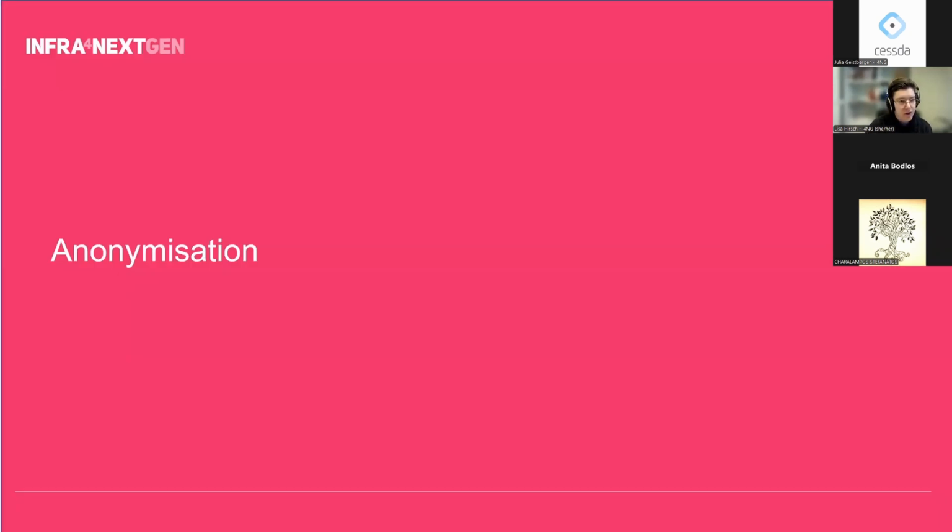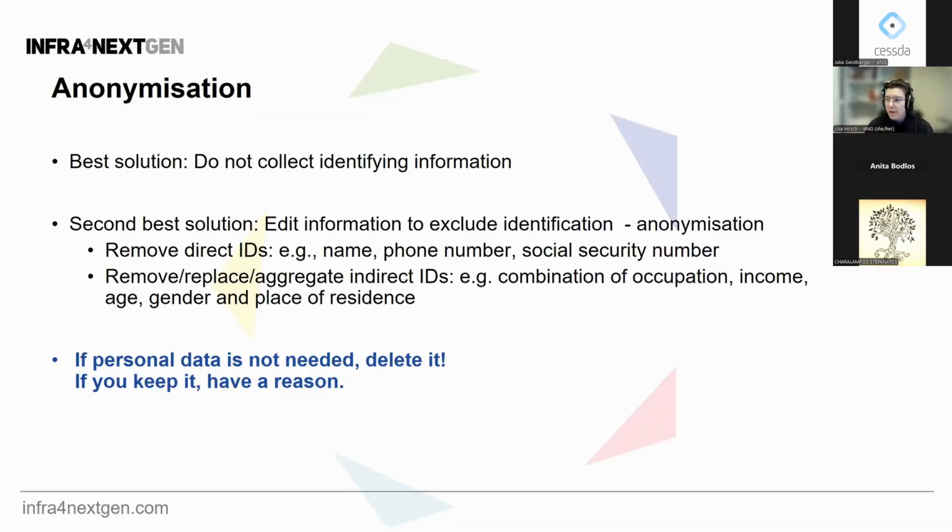So first, let's dive into anonymization. Anonymization in general is the process of altering information in a way that people cannot be identified due to that information anymore. So that's the basic idea. And as Anita said before, collecting information on individuals is a crucial step in social science research.